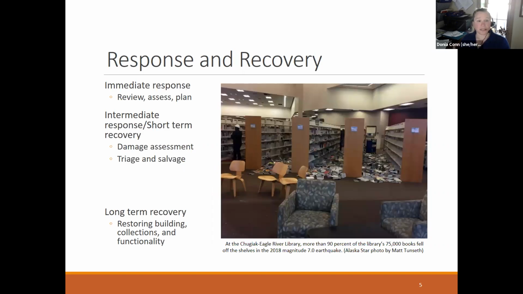So we want to think about disaster response and recovery as a little circular or triangular piece within that pentagon that we were looking at for the emergency management system. And in our response and recovery, we're going to be doing this constant cycle of reviewing, assessing, and planning, because you could do a review and assessment at the beginning and make a really great plan.